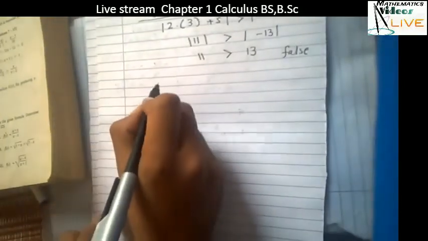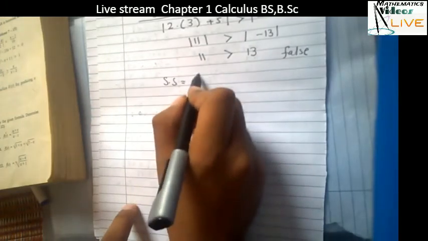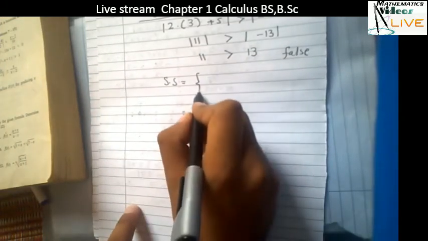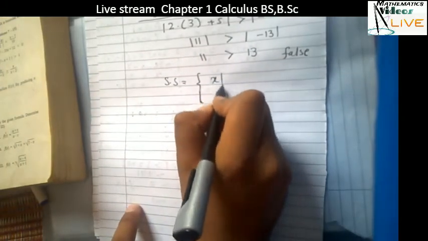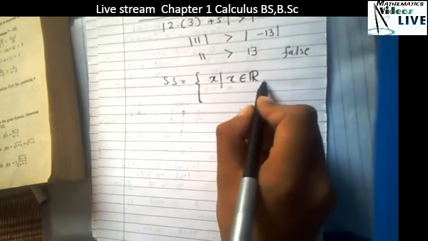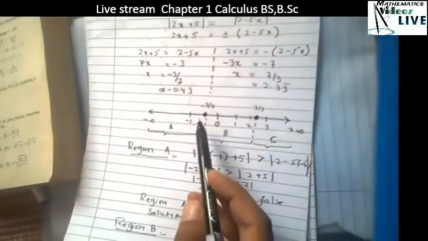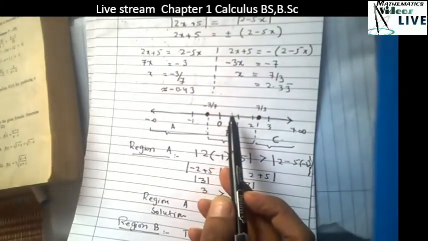Note that these two points are called the boundary points, and since in the given inequality there is no equal sign, only greater than sign, and for only greater than or smaller than signs, these boundary points are not included in the solution. Therefore, the solution is all of the points coming between these points.